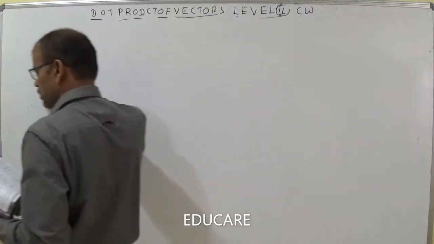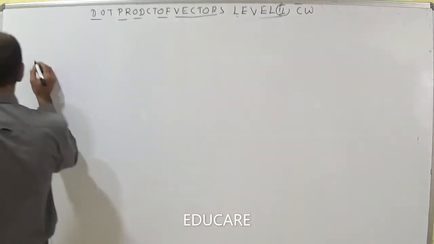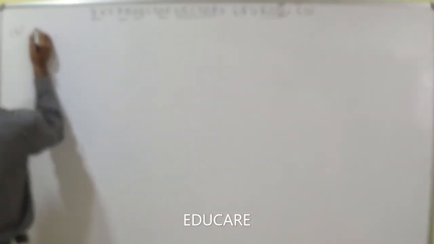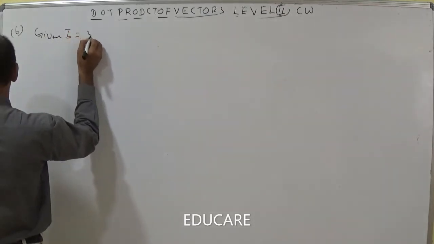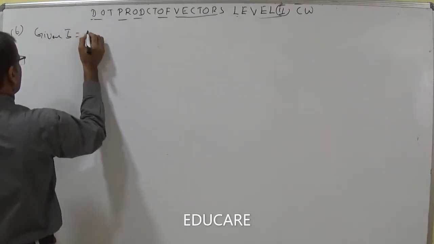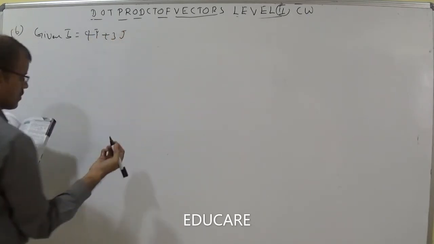In xy plane, the vector in the same plane having components 1, 2 along B bar and C bar respectively. Sixth question. Let us write the given value, B bar is equal to 4i plus 3j.